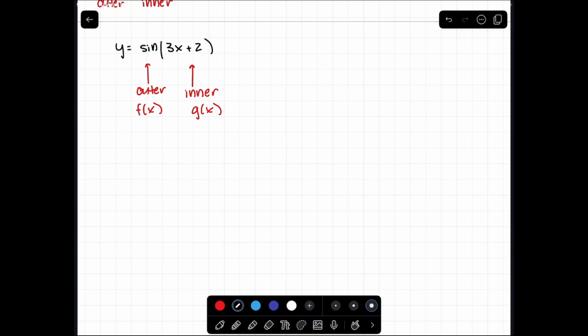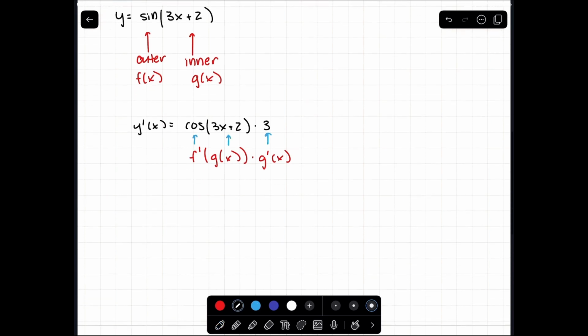Our derivative y prime is going to equal cosine of 3x plus 2, multiplied by the derivative of our inner, which is going to be 3. So comparing this back, we have f prime of g of x multiplied by g prime of x. So this is where these line up.